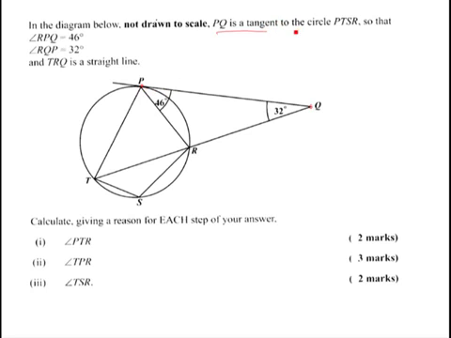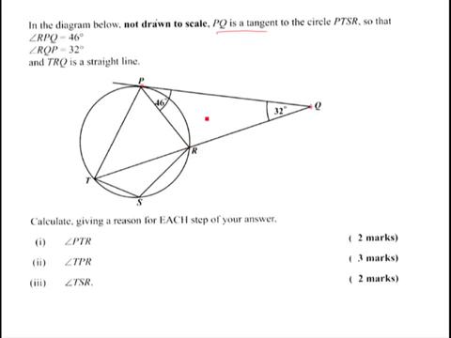And PQ is a tangent to the circle PTSR. So the circle is described as P moving around to T to S to R and right back around. We don't call the letters twice, so we just call it circle PTSR.